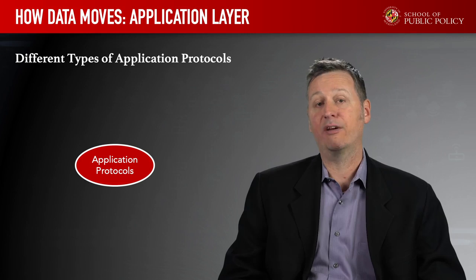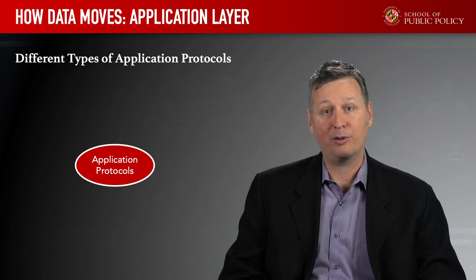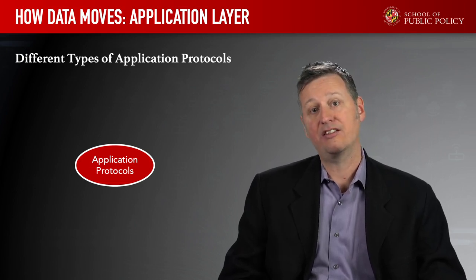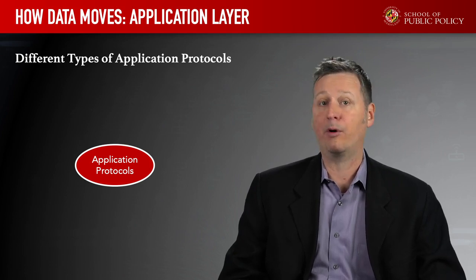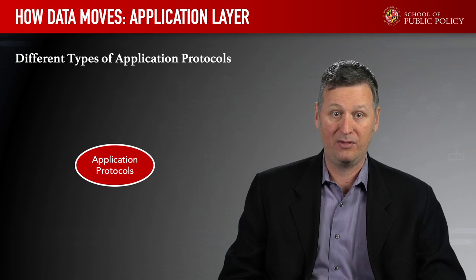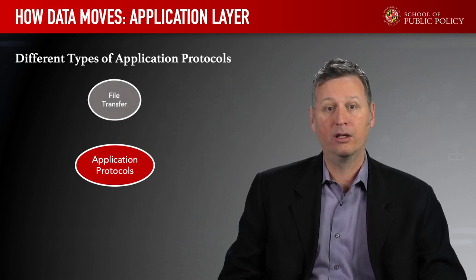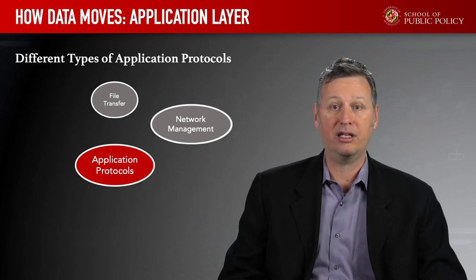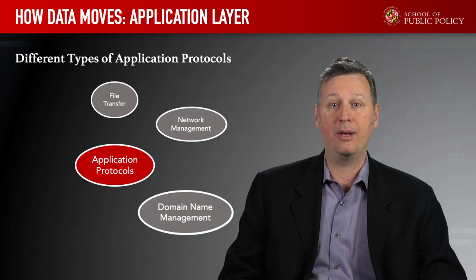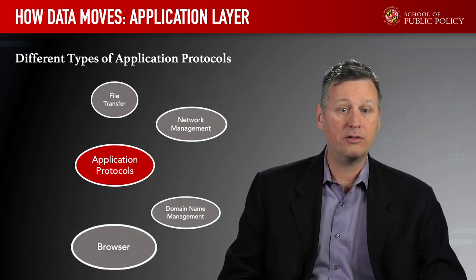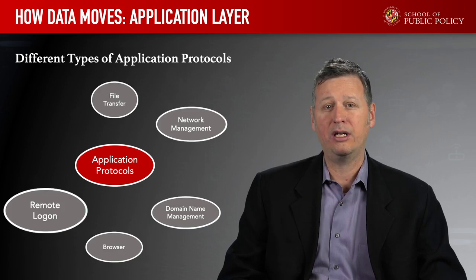So, there are different examples of different types of applications and different sets of protocols that we might find. Remember, protocols are just simply instructions. We might have instructions related to how to transfer files, or how to manage the network at the app layer, how to manage domain names, browsers, even remote logon and email.